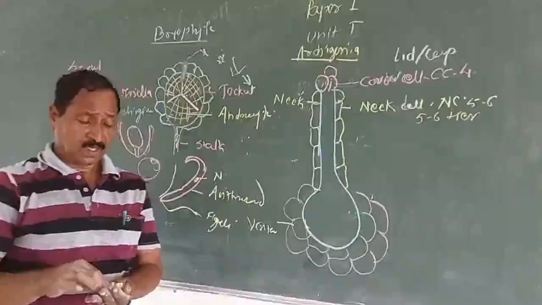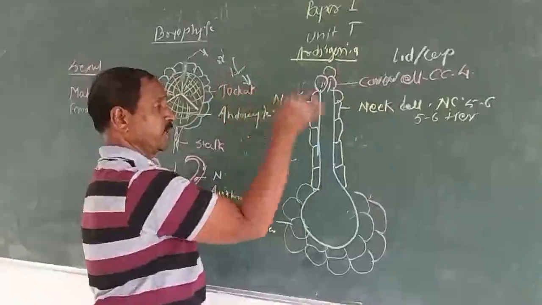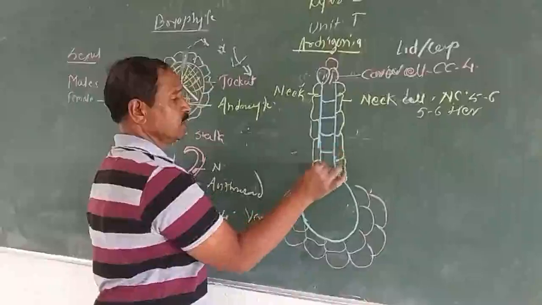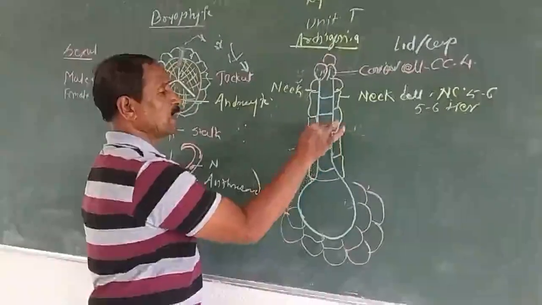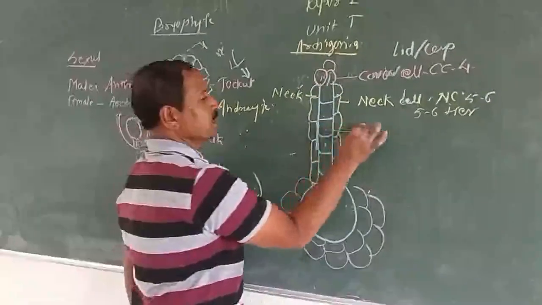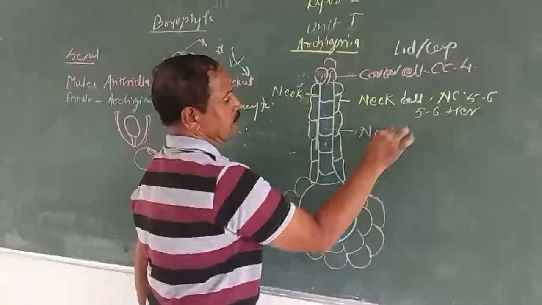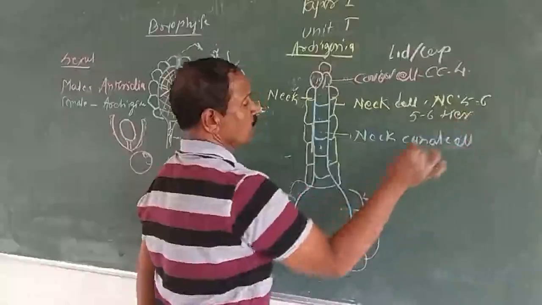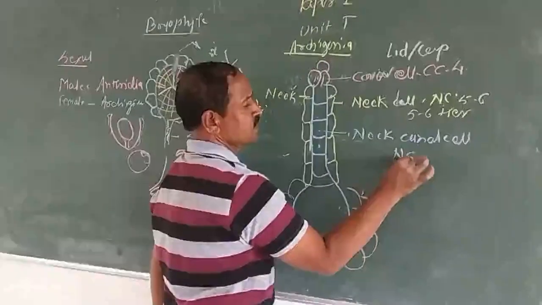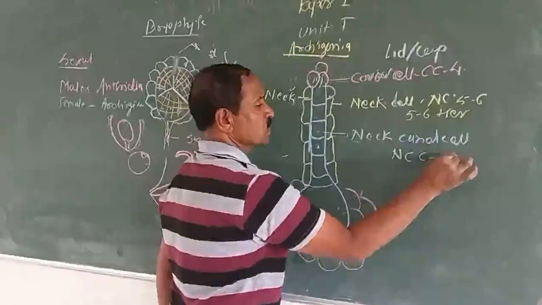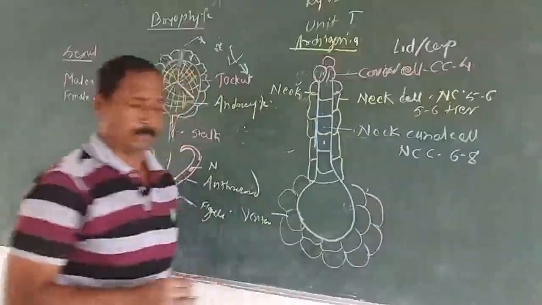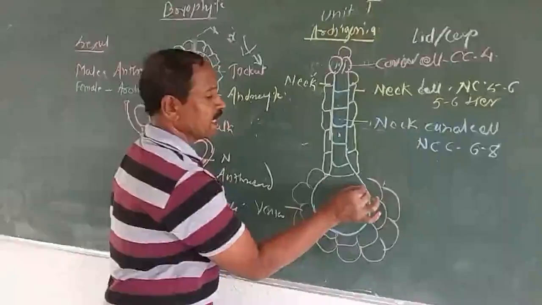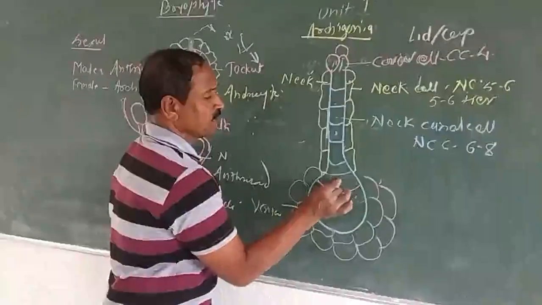Inside the neck, there are 6 to 8 cells. These 6 to 8 cells are called neck canal cells, in short NCC.